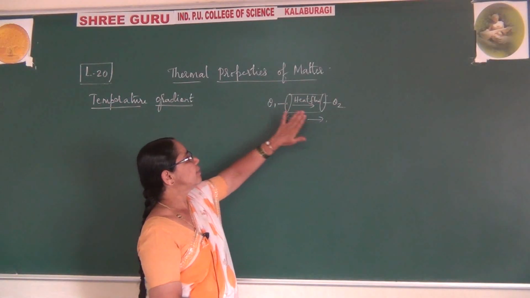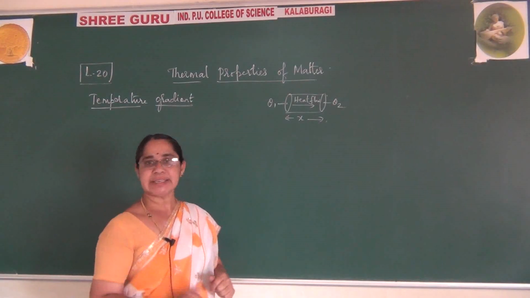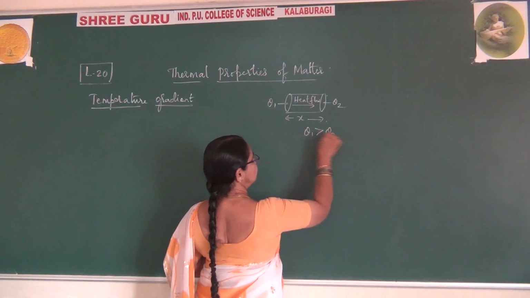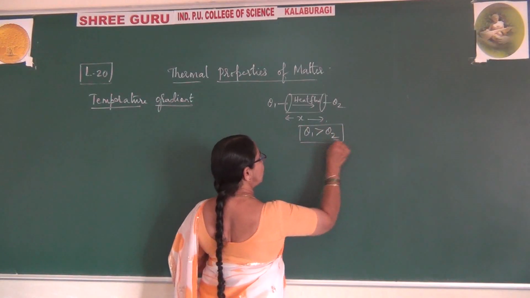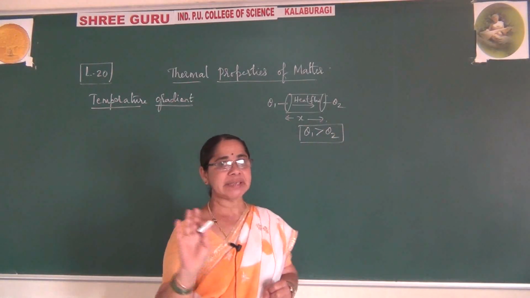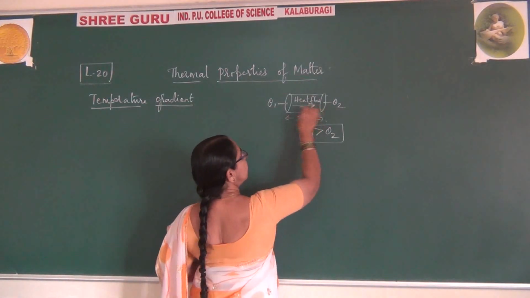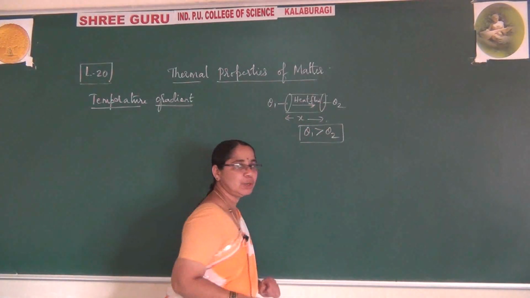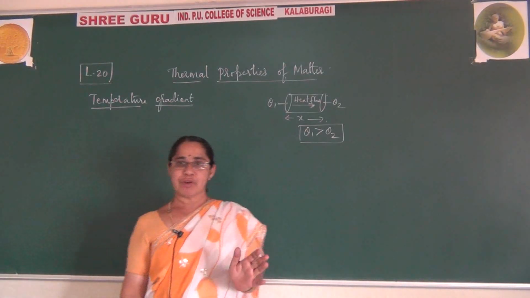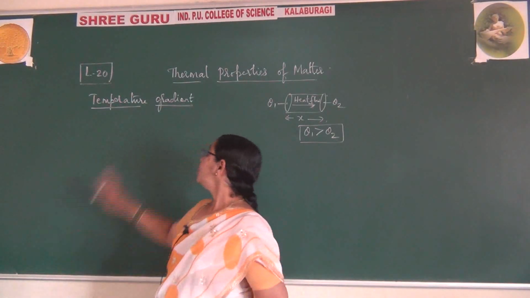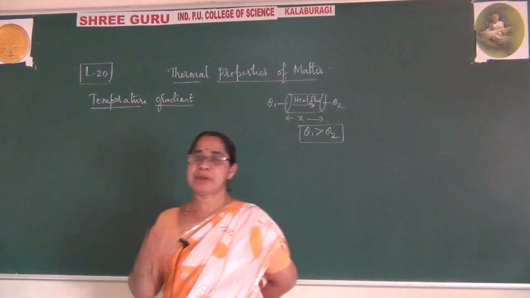So this is theta 1, that is theta 2, and one condition: theta 1 is greater than theta 2. Heat always flows from higher temperature to lower temperature, so I have shown the direction here, heat flows from theta 1 to theta 2. Very simple way to explain that.